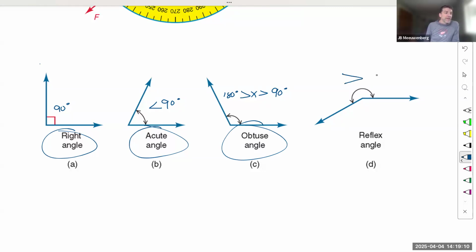If it is greater than 180 degrees, as we talked about earlier, it's called a reflex angle. So you'll need to know those terms for sure, the different types of angles.